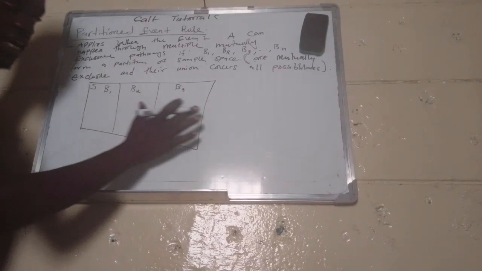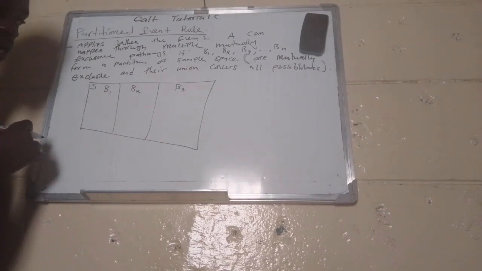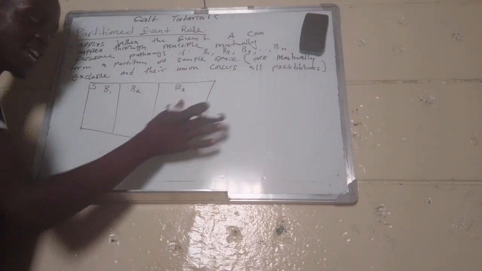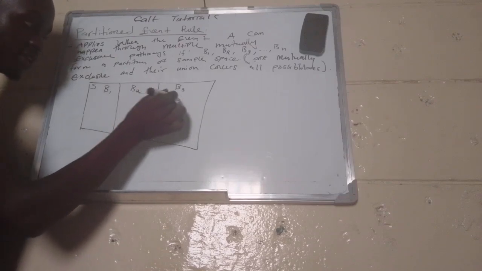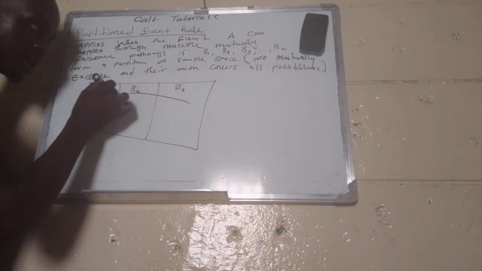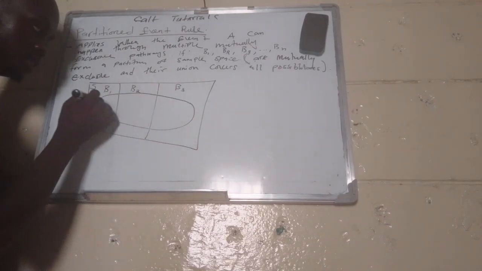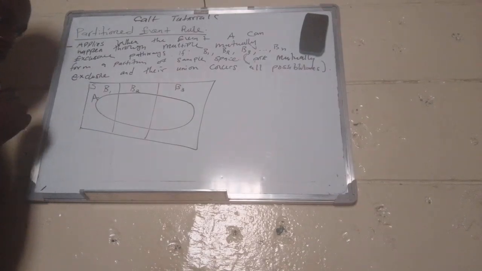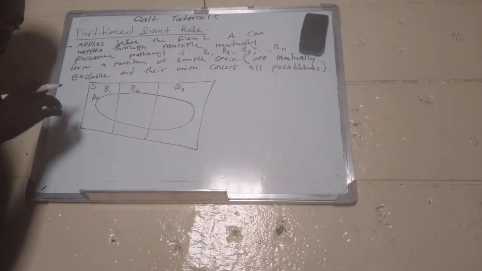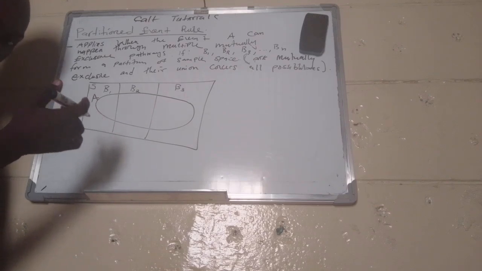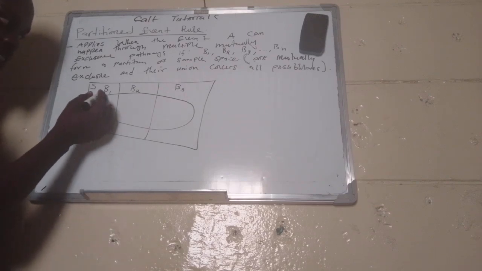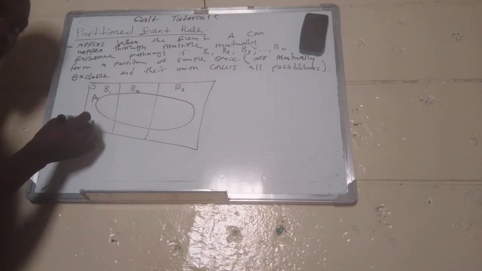So now we are looking at an event A in the sample space. Maybe I can draw my event A as something like that. This is my A. So now, for me to get the probability that event A can happen, there can be a possibility that event A happened in B1.